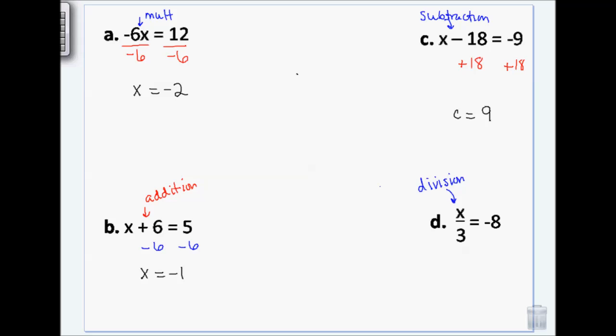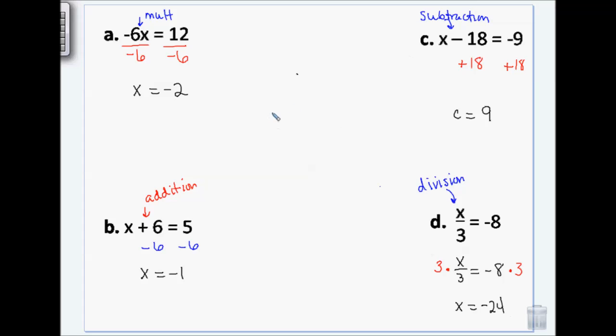And to get rid of division, we're going to multiply. So I'm going to multiply both sides times the denominator, 3, or the number being divided. And so I'm going to get x equals negative 24.